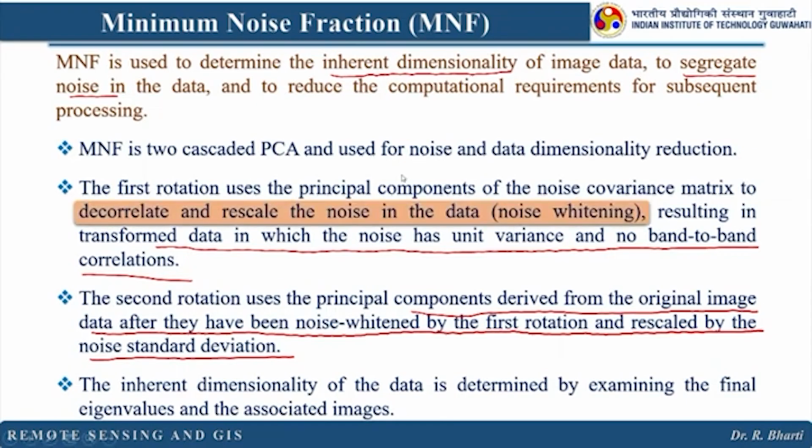So, here these two terms are very important. In the first step, we are identifying the noise and we are decorrelating it from the data. So, there will be no band to band correlation afterwards. In the second rotation, we are going to identify PC1, PC2, PC3, remember that from PCA, right?